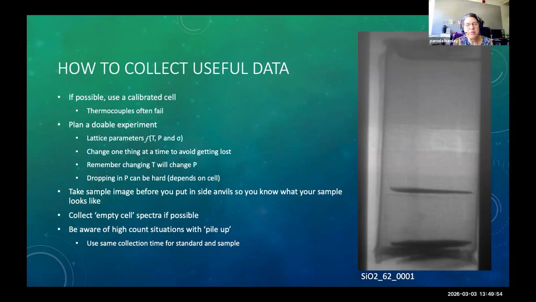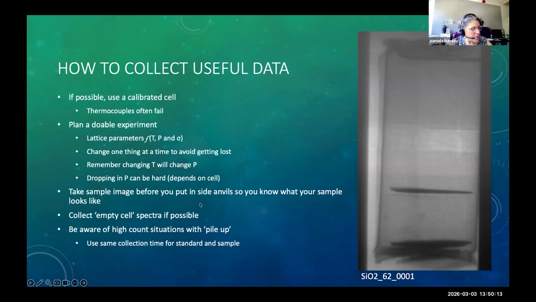It may be easier with the boron epoxy cells, but keep in mind that at your high pressure, when you try to decompress, sometimes you're pulling the anvils back and nothing's happening. Then all of a sudden you're back at zero because you have this big hysteresis.